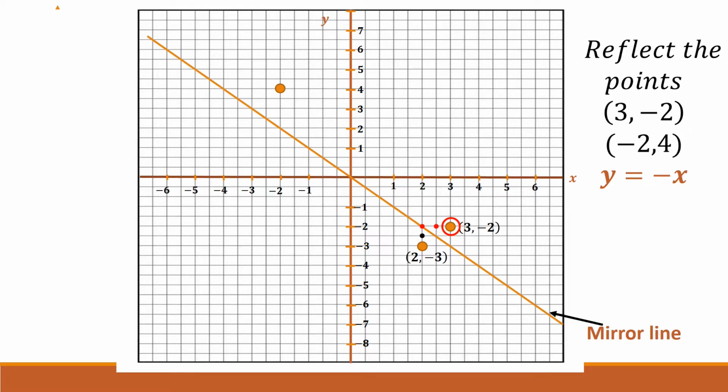Then we pick the second point, which is negative 2, then positive 4, and we move towards the mirror line. So 1, 2, 3, 4. I move 4 steps to the mirror line. In the same way, I'm going to move 4 steps down the mirror line. So 1, 2, 3, 4. So the last point produces a new point, which is negative 4, positive 2.